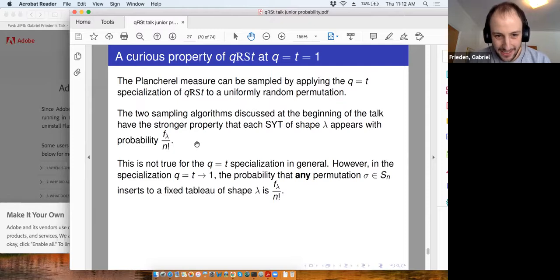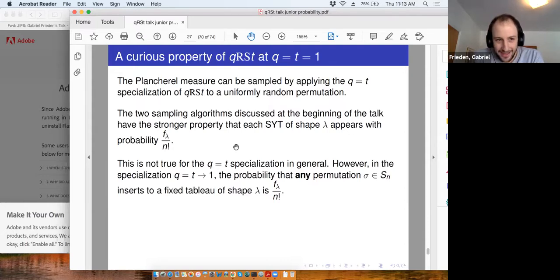Now, this stronger property does not hold for the q equals t specialization in general, but in the limit as q equals t goes to 1, it does hold. So if I take any permutation and insert it using this algorithm, and I just look at the insertion tableau, I don't look at the recording tableau, then the probability that I get a specific tableau of shape lambda is f lambda over n factorial. So it's independent of the tableau and independent of the permutation.